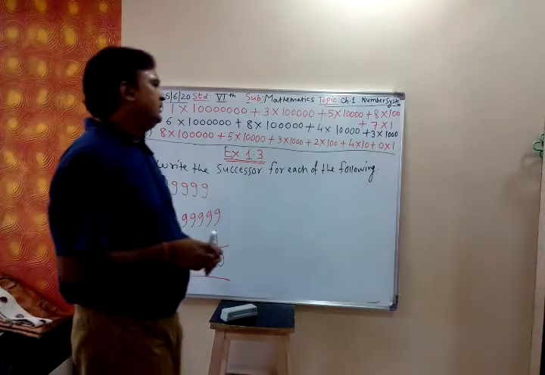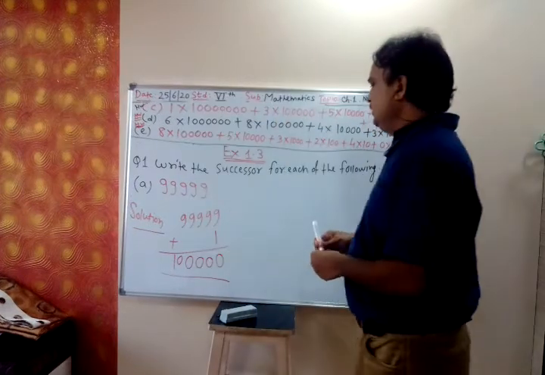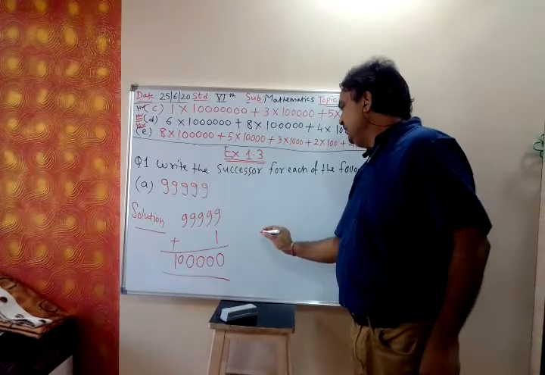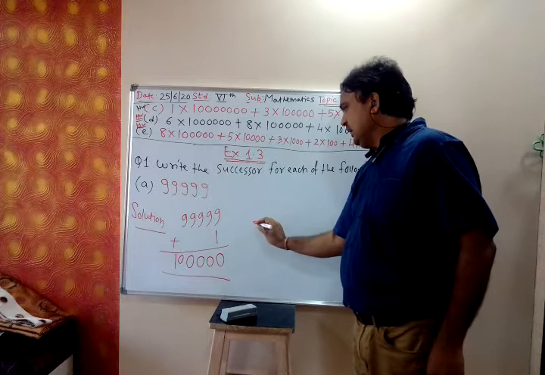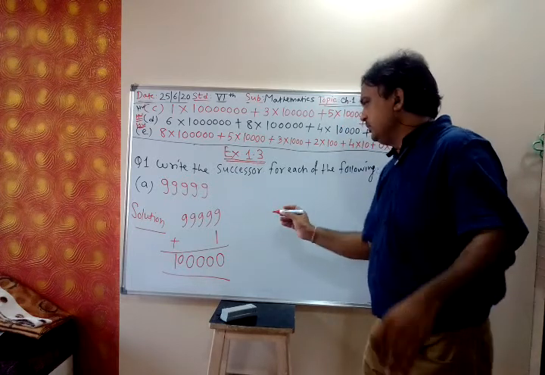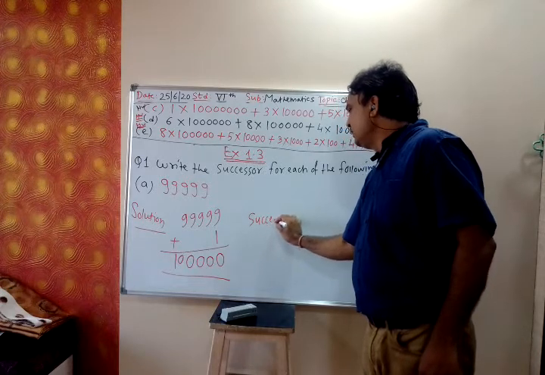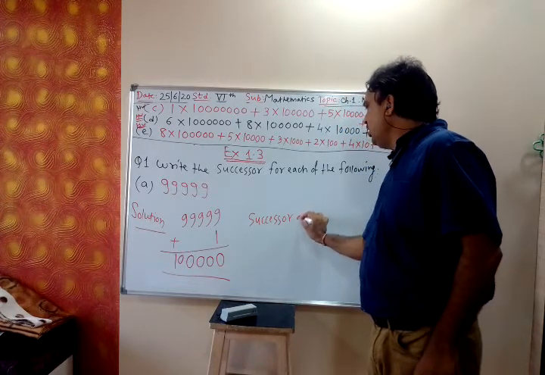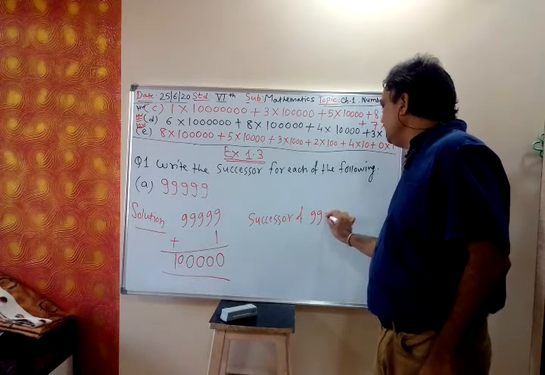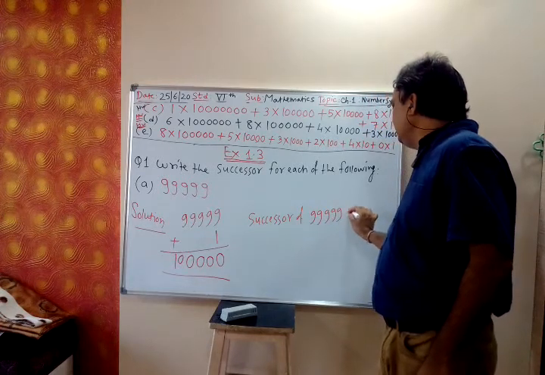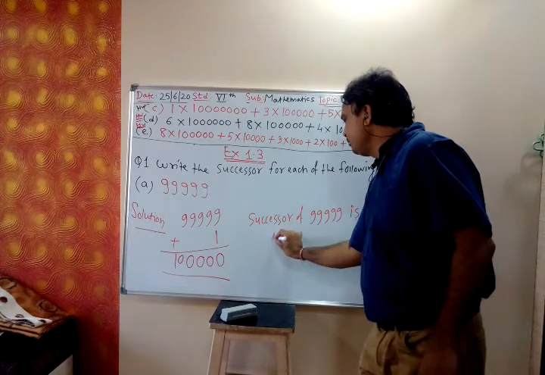So we write, you can put the comma, no problem: the successor of 99,999 is 1 lakh.